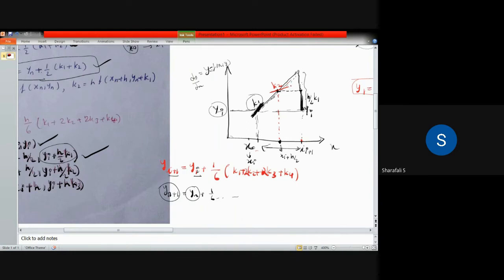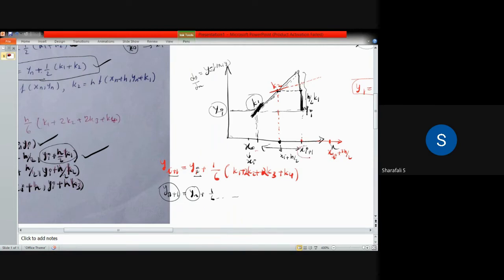Then project this slope with the h distance. So it will be reaching somewhere here. This is xi plus h by 2, so we have to consider xi plus 3h by 2 for the next x value.